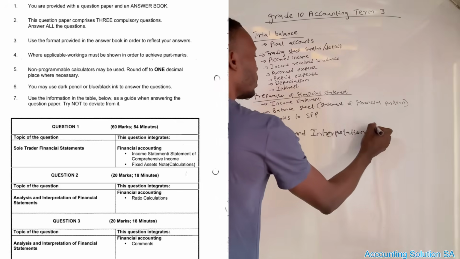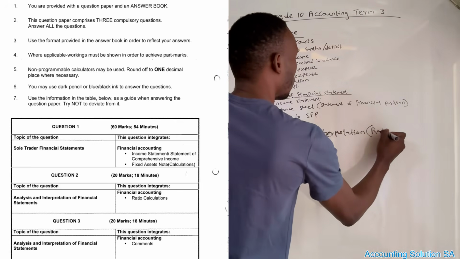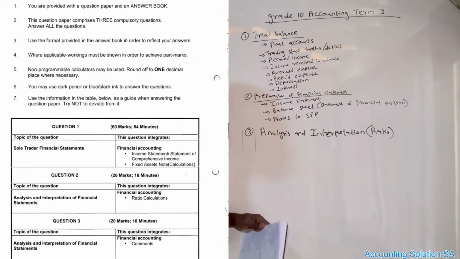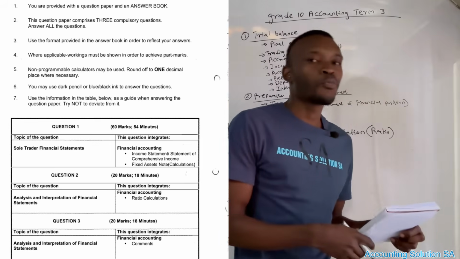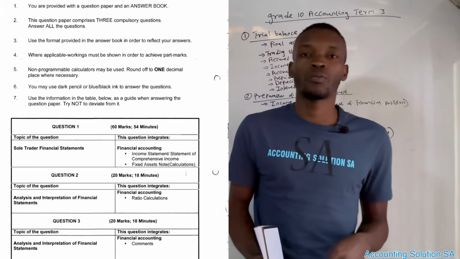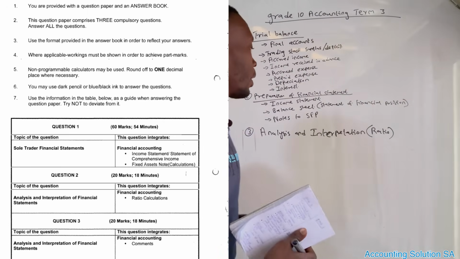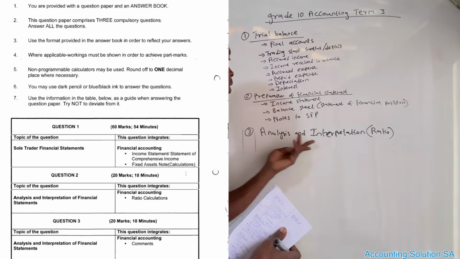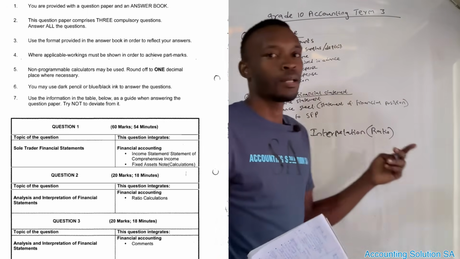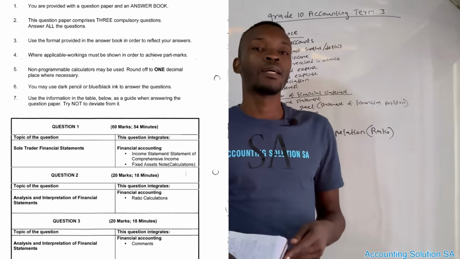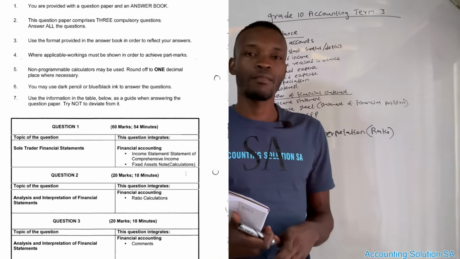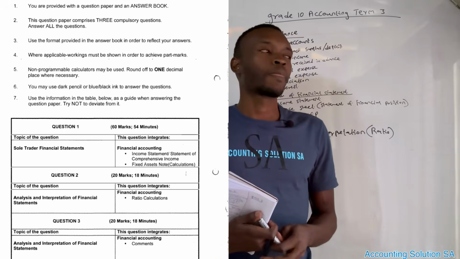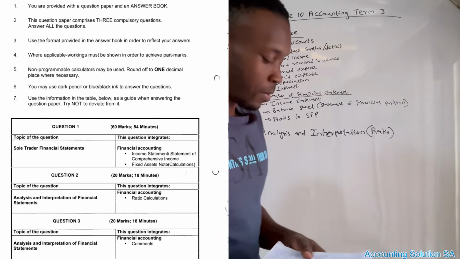Okay, analysis and interpretation, guys, is the same as ratios. So here, guys, you're going to be given a formula sheet where you're going to calculate these ratios and interpret the results. What is the meaning of the results? It's a very simple chapter, which I believe is not going to take you much when you're preparing it.